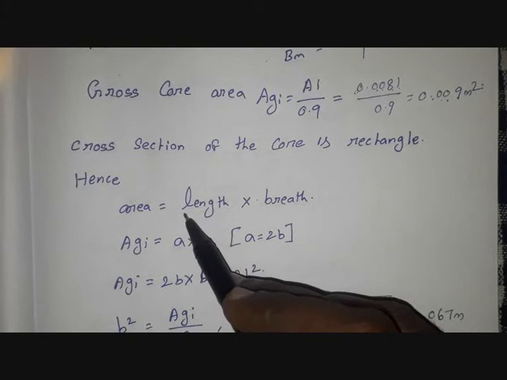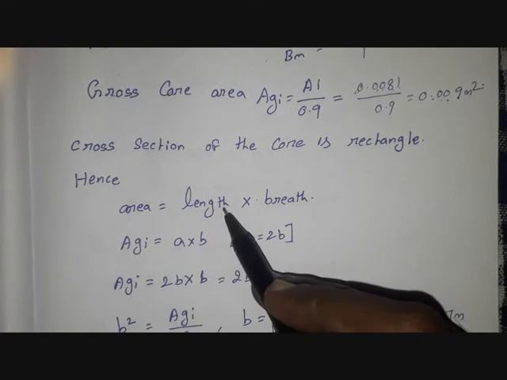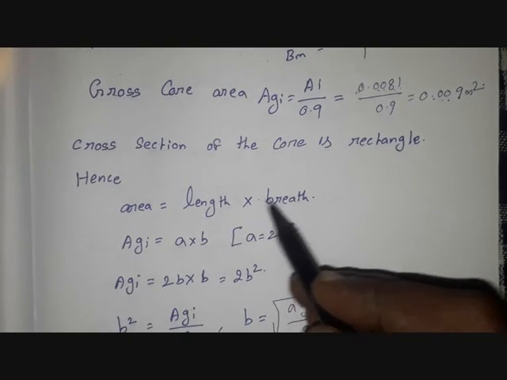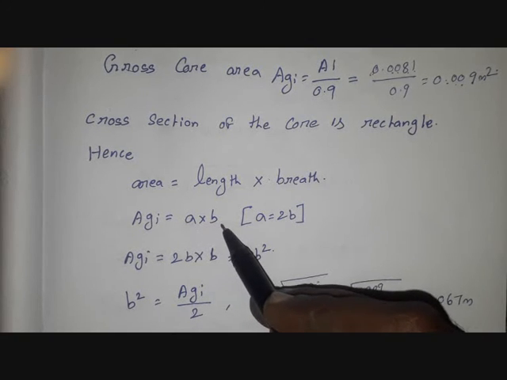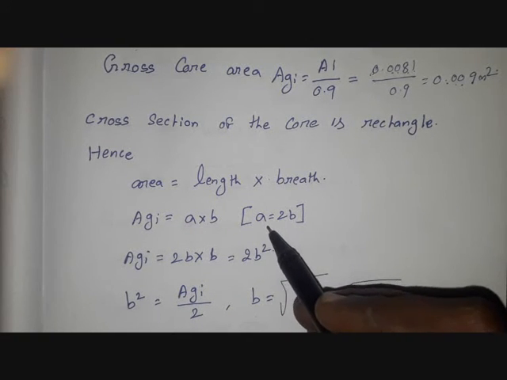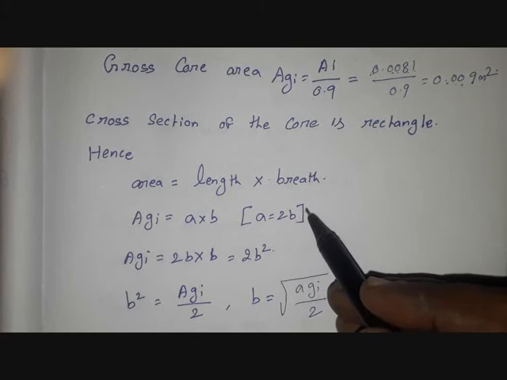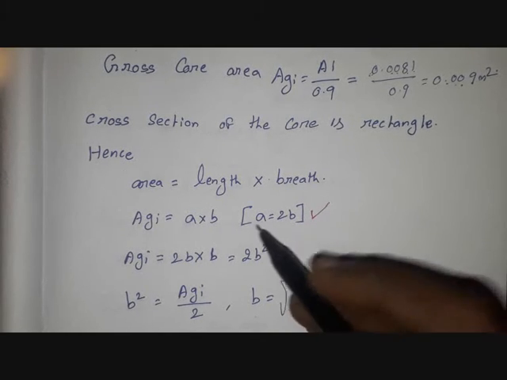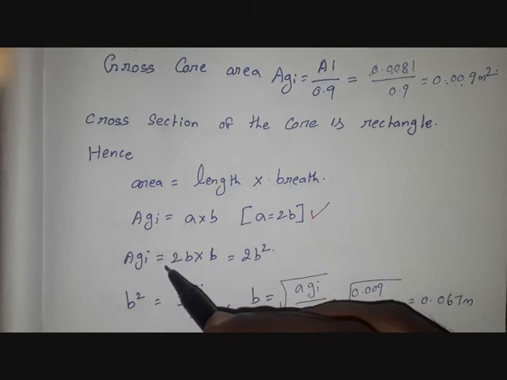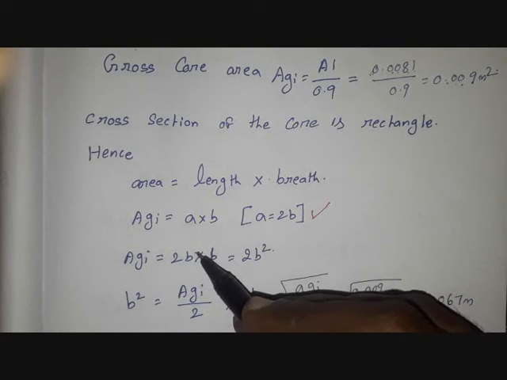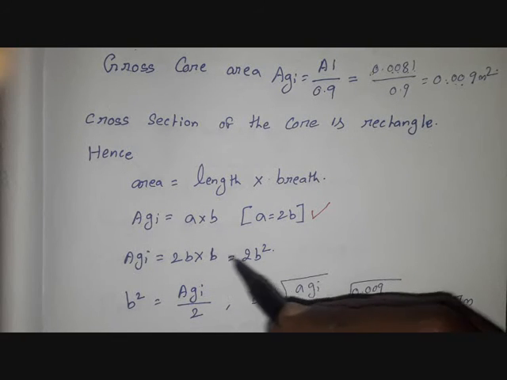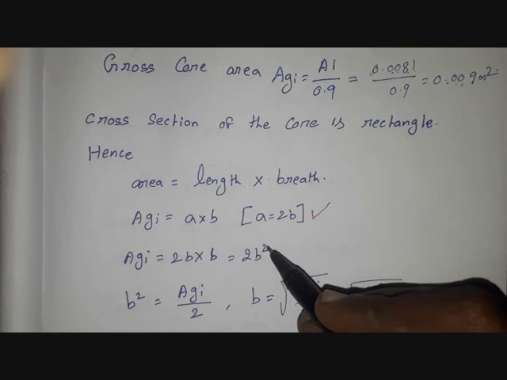Then we move to cross section of the core is rectangle. Hence area is equal to length into breadth. So AGI is equal to A into B. Let me write, A is equal to 2B, that is given in the question. So AGI is equal to 2B into B. We get 2B squared.